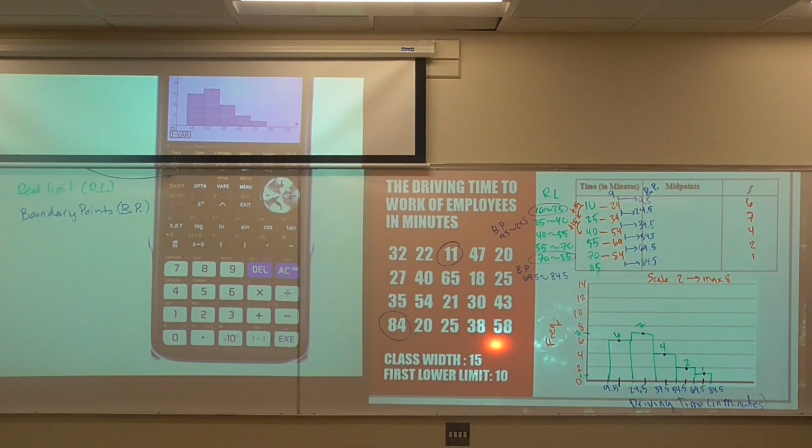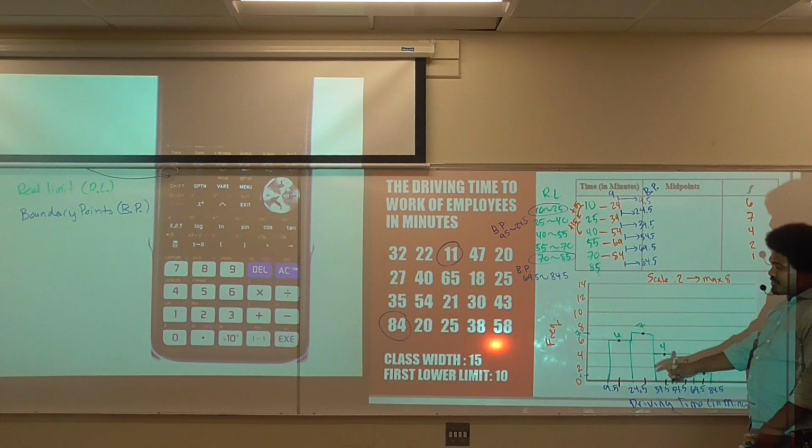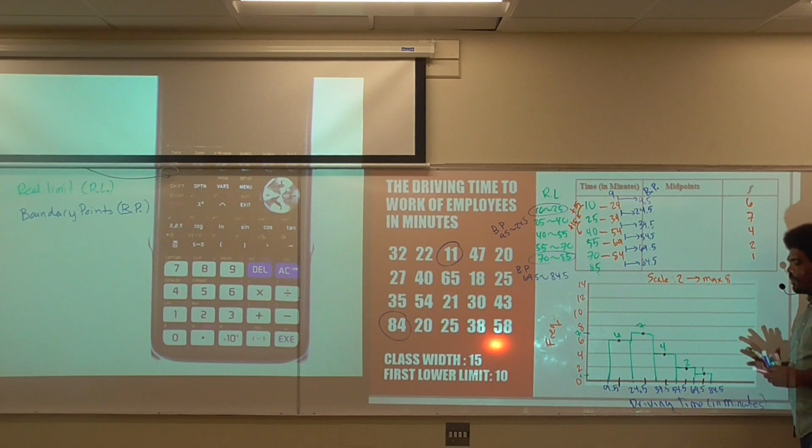One thing we're going to catch on, and it's the key thing we have to understand, is that the polygon is actually supposed to start at 0 and end at 0. It is not starting at frequency 0 here, and it's not ending at frequency 0 here. So what we're supposed to be doing to make sure it does what it needs to do is go one midpoint beyond this upper limit.